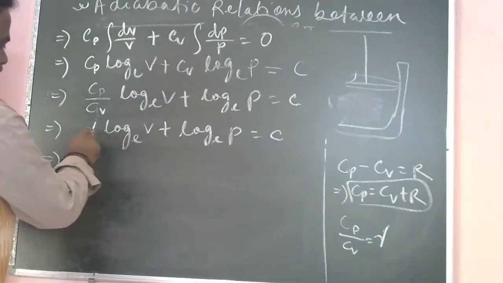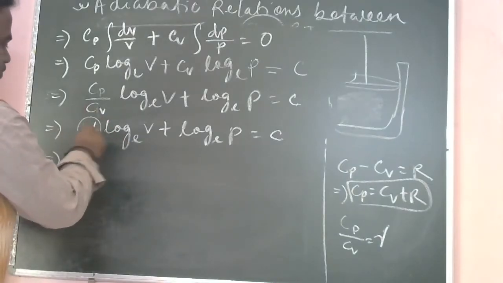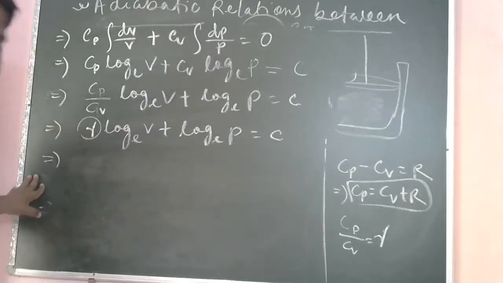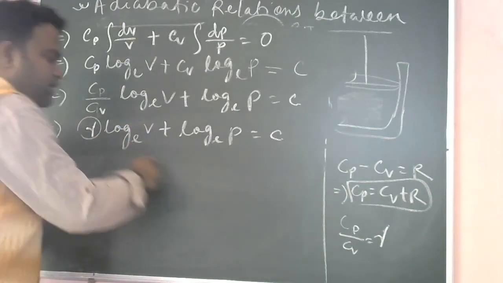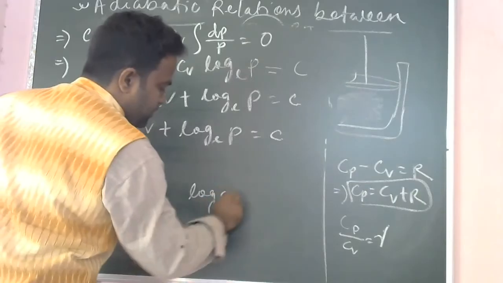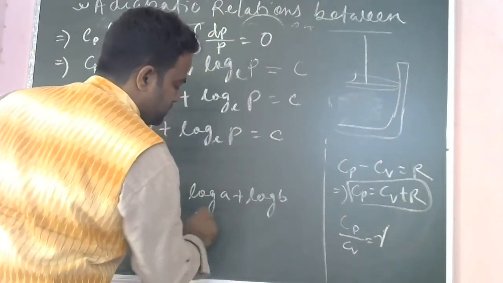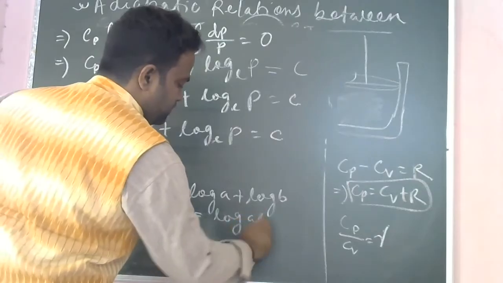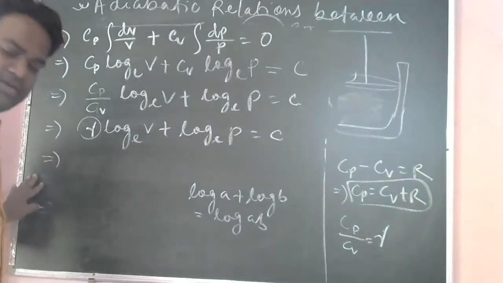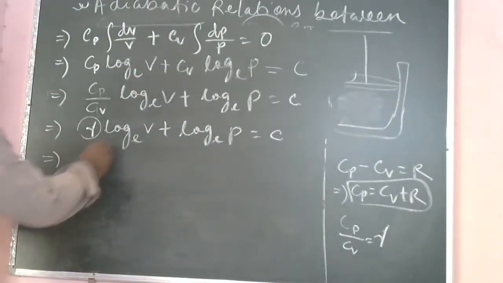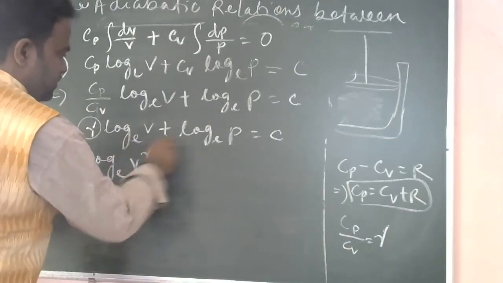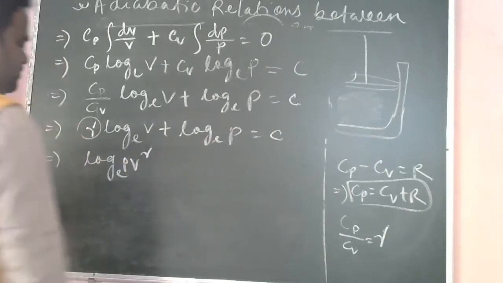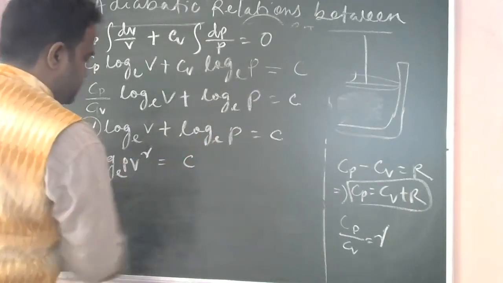Now you know that the coefficient of a logarithm becomes the power, so if I remove this coefficient, it will become V to the power gamma. And also we know this rule, that log a plus log b is log ab. Using this algebra of logarithms, we can write log e of V to the power gamma multiplied by P. So P V to the power gamma is equal to C.